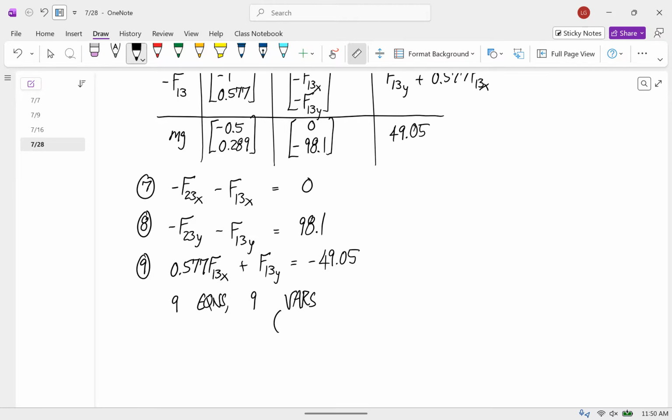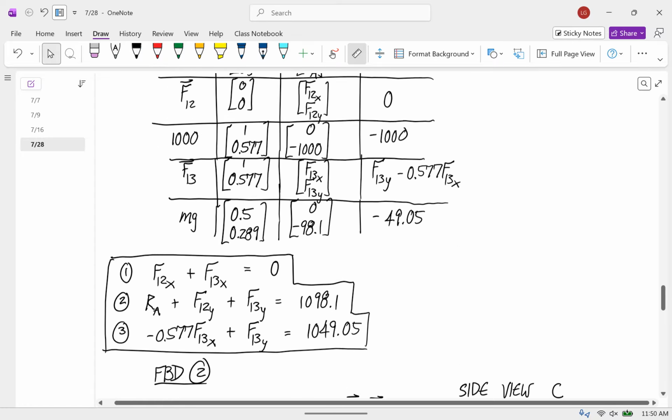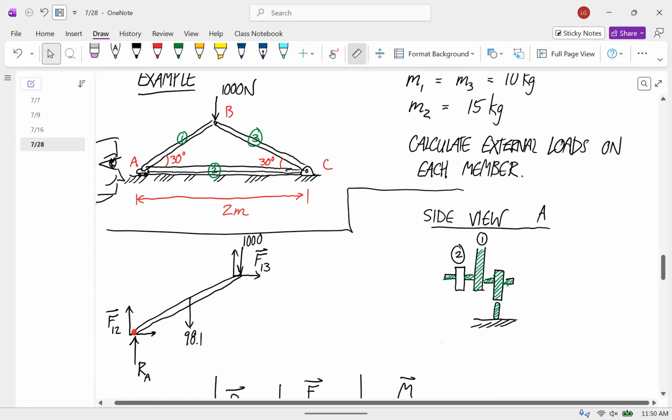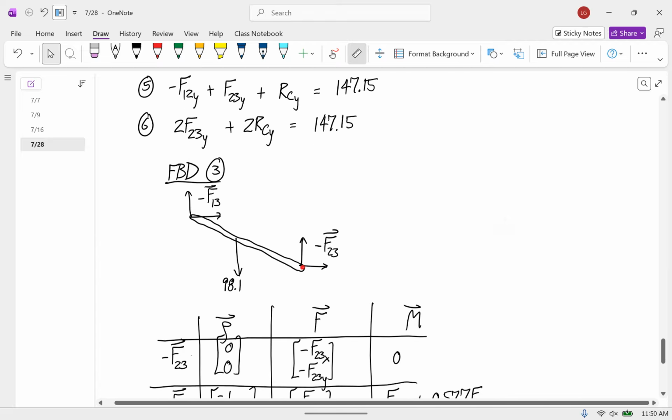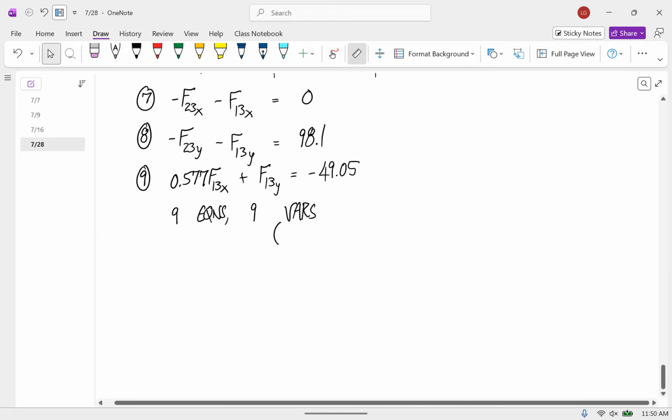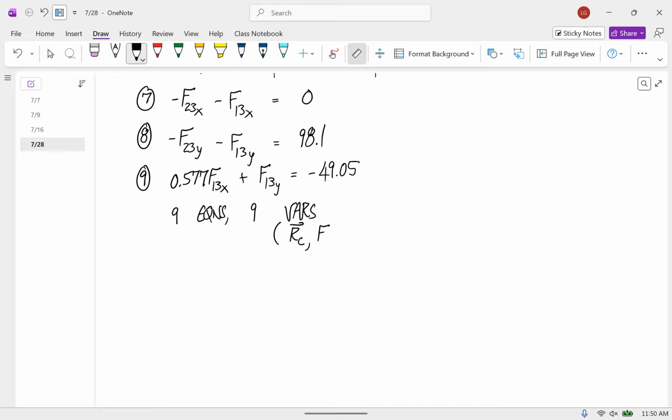Those are... we have RC, that's a vector, so that's 2 variables. Then F12 is a vector. F13 is a vector. F23 is a vector.